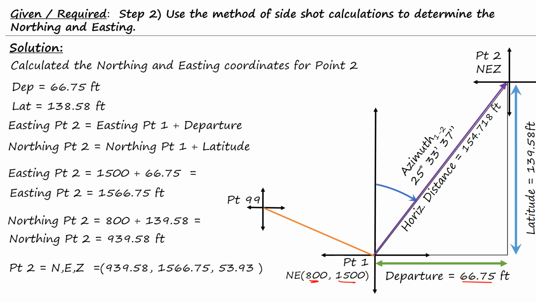So point 2 is going to have a northing of 939.58, an easting of 1,566.75, and a z elevation previously calculated of 53.93.